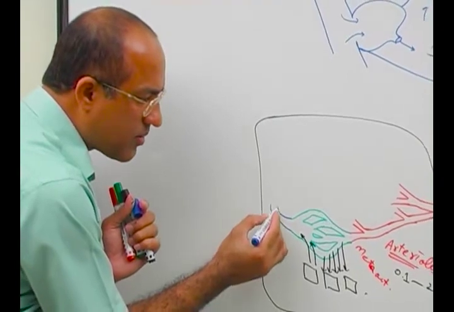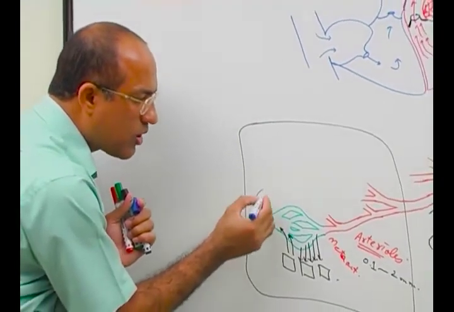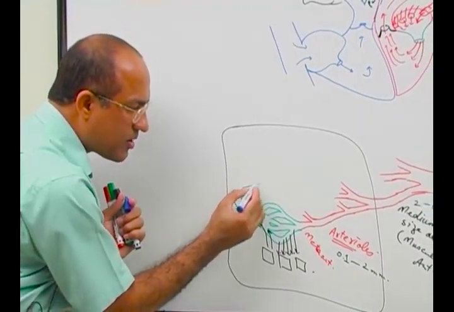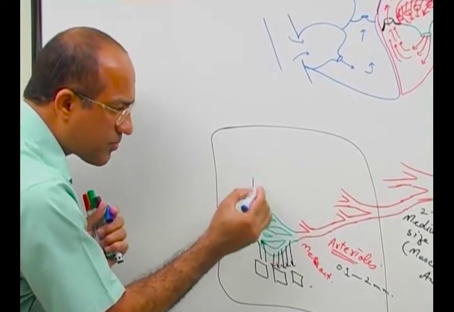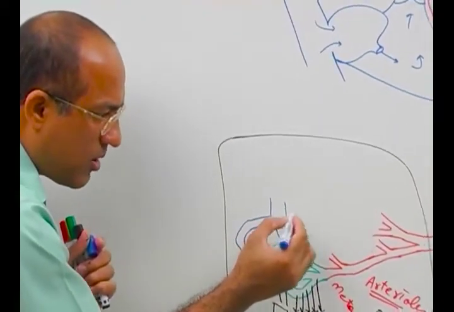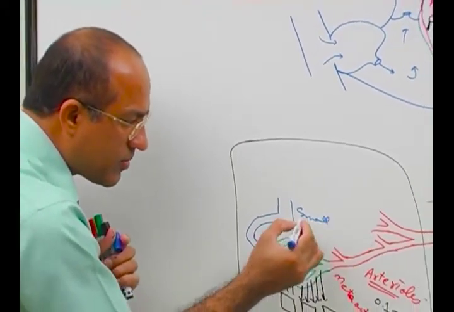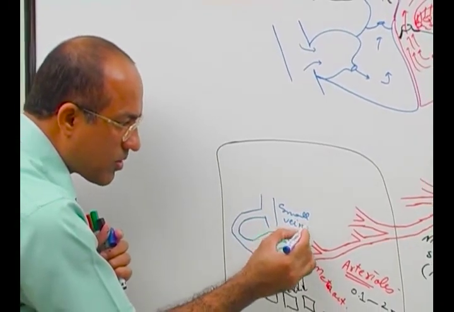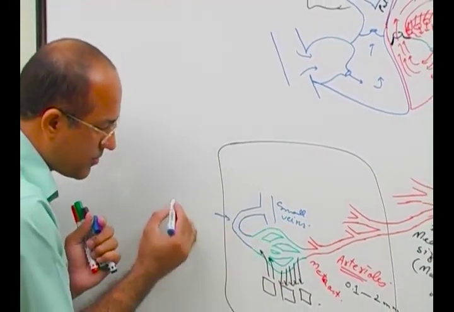What are these? Venules. And venules will drain into small veins, right? These are venules.